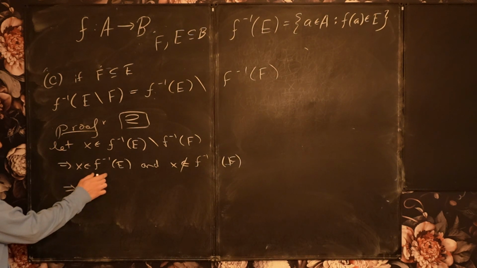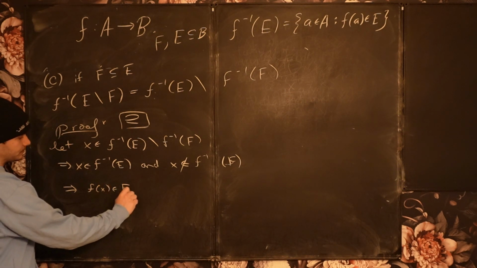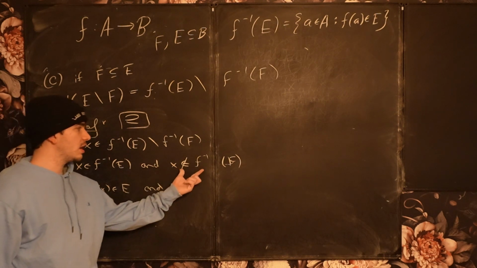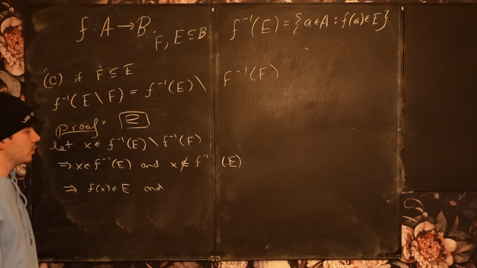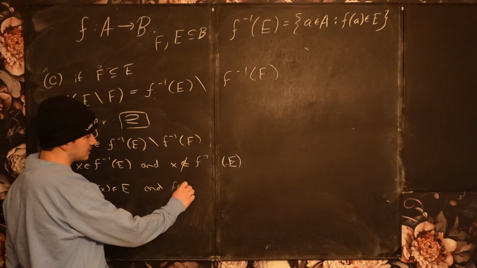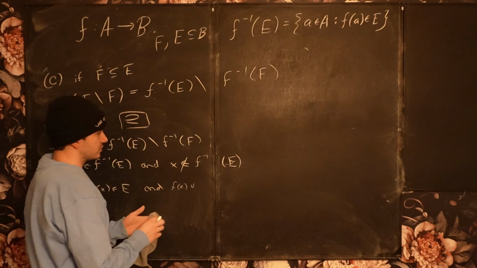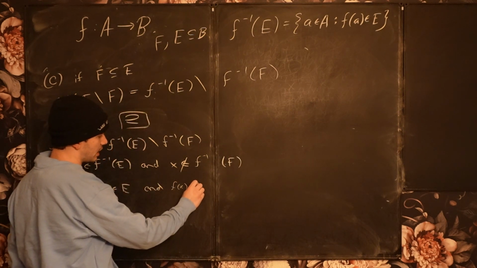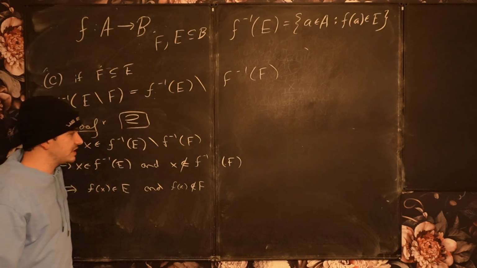This first statement tells me that f of x belongs to E. Now, if x does not belong to f inverse of F, then what can we say about f of x? What we want to say is that f of x is not within F. I apologize, this is an F.